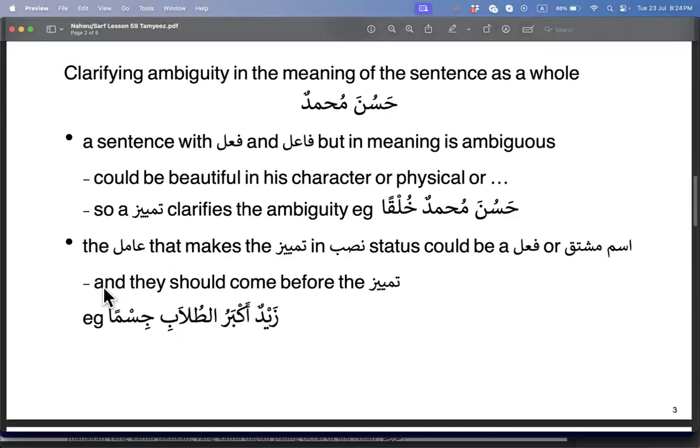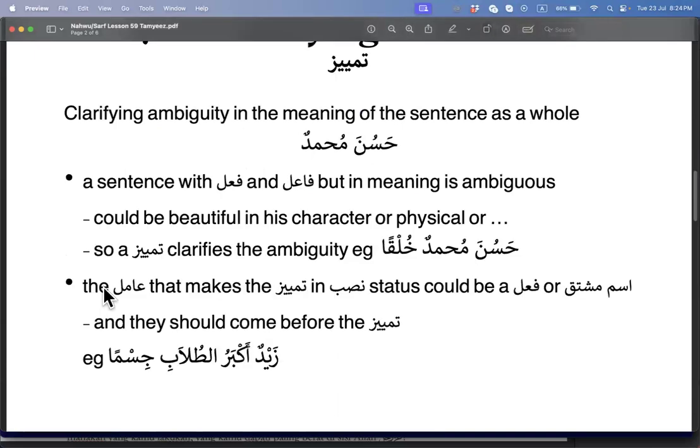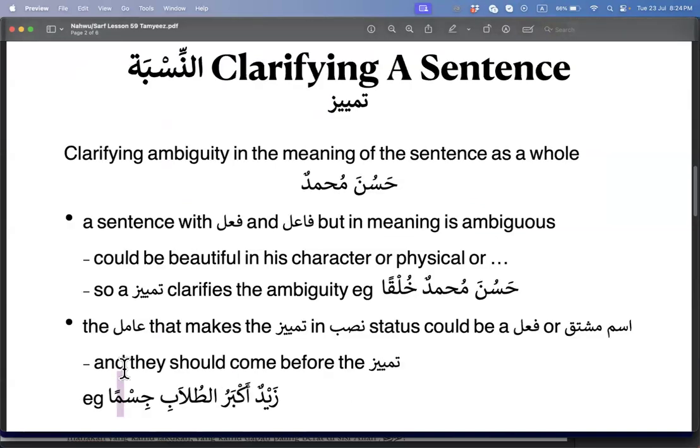The second tamyiz that is easy to recognize is when you have ism tafdil, which we did in the previous weeks. When you have ism tafdil, then you might also have a tamyiz, most probably. The one that is difficult is when a fi'il comes, because sometimes you might think of it as fi'il, fa'il, maf'ul.